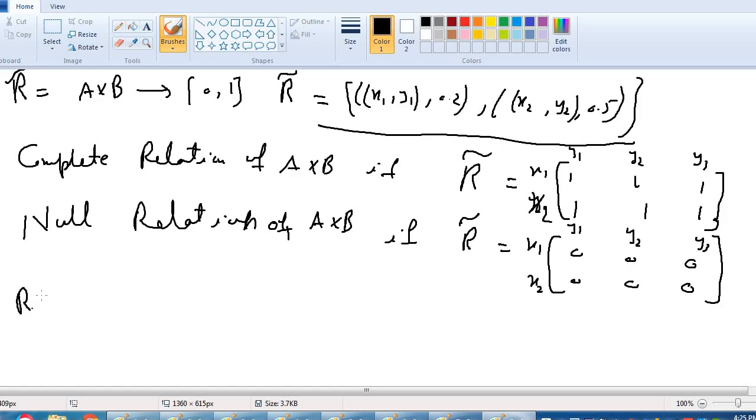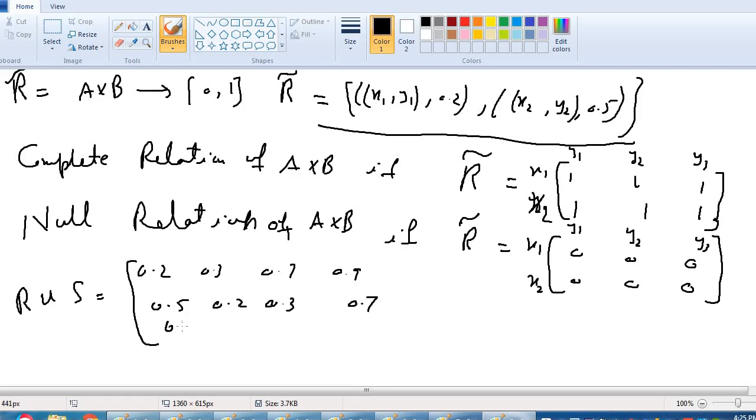Now we calculate their R union S. For example, R is 0.2, 0.3, 0.7, 0.9, then 0.5, 0.2, 0.3, 0.7, then 0.1, 0.3, 0.9, 0.8. We are taking a good example.